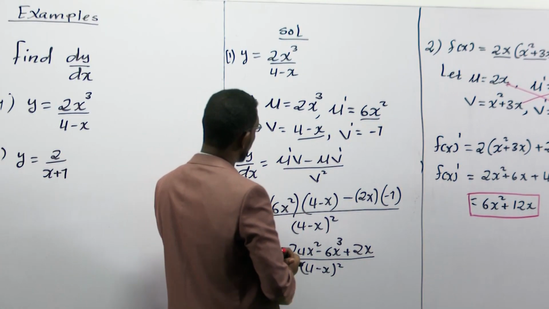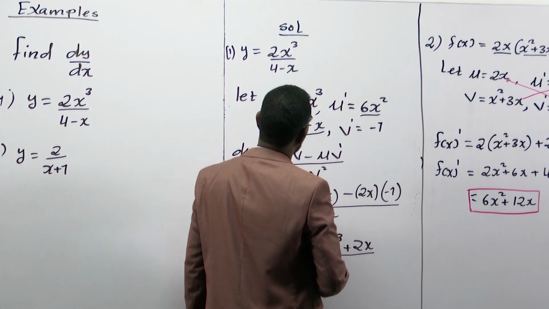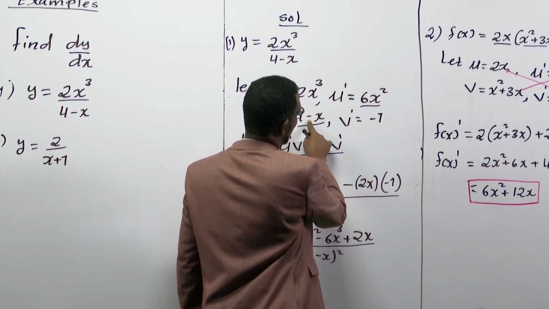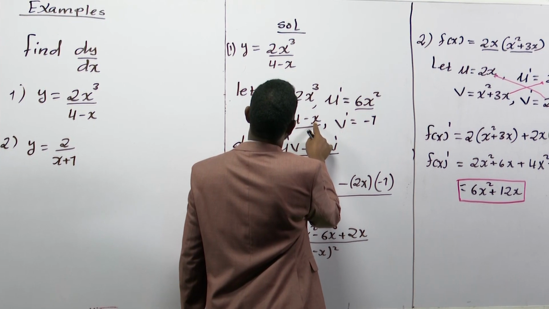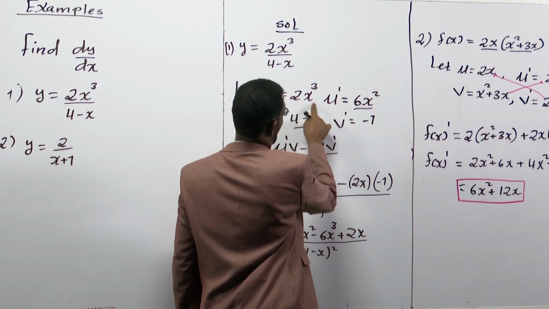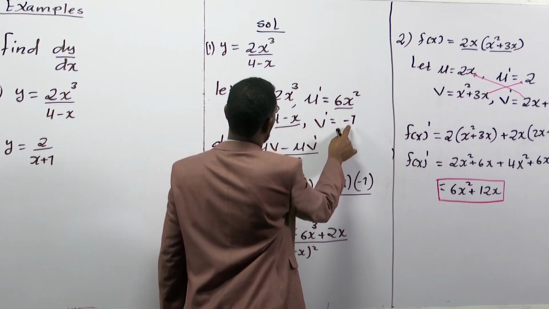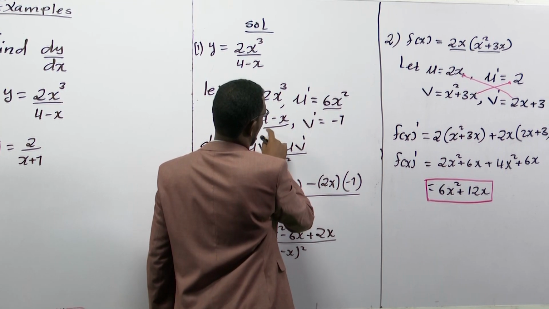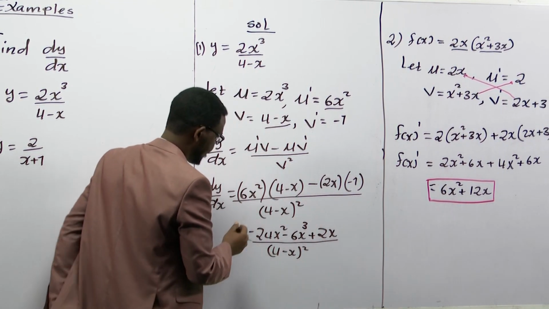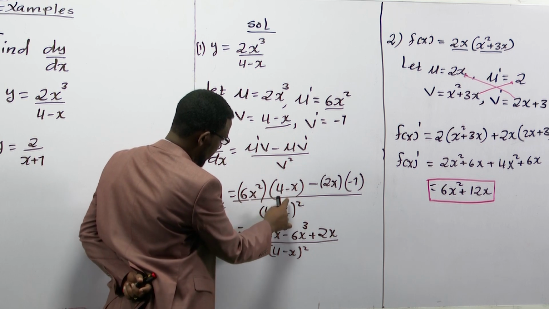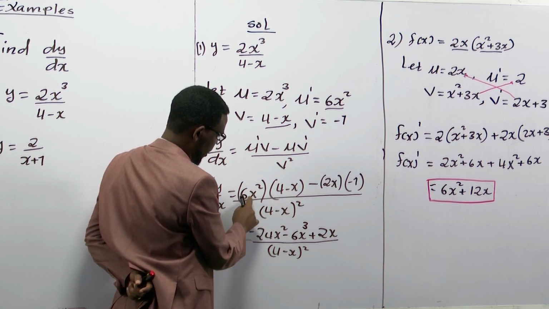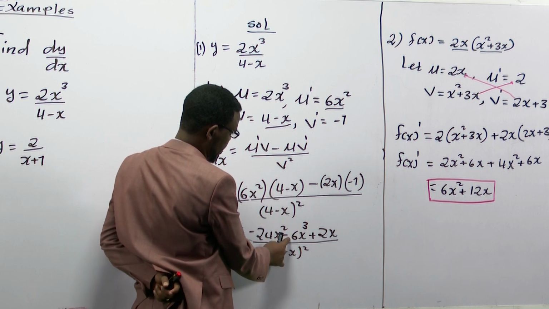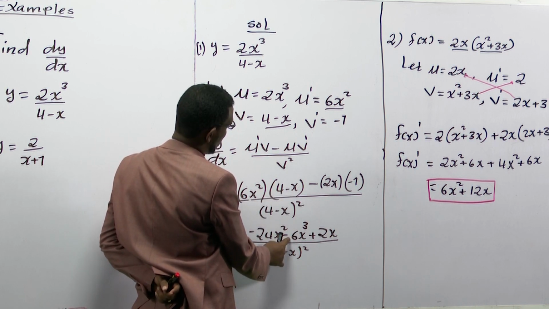We have 6 times 4, 24x squared, which is correct, and 6x squared times x, 6x cubic.